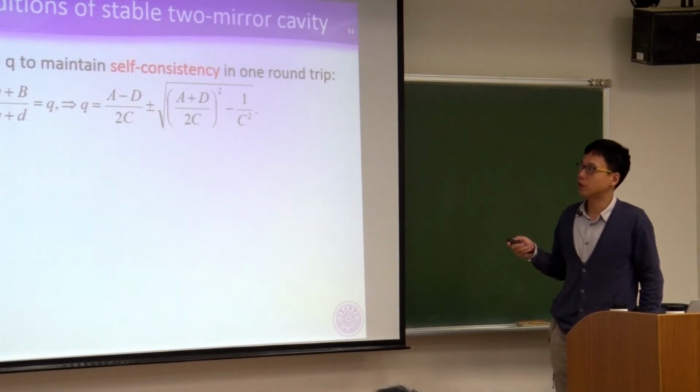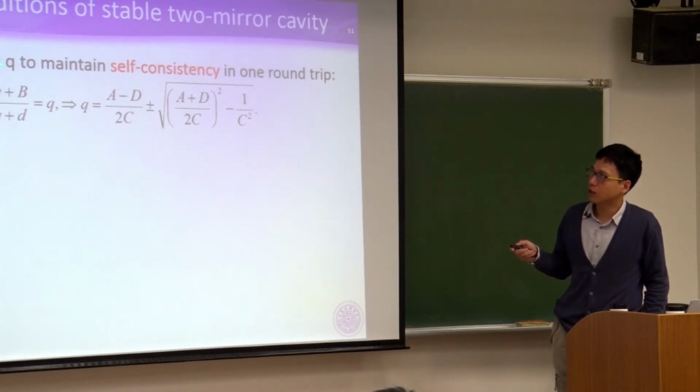Then our condition is Q prime equals Q to maintain self-consistency in one round trip.